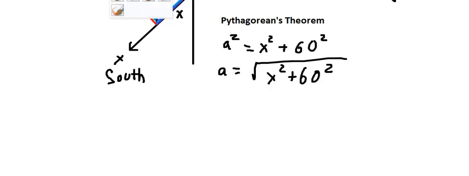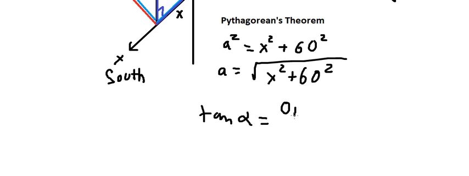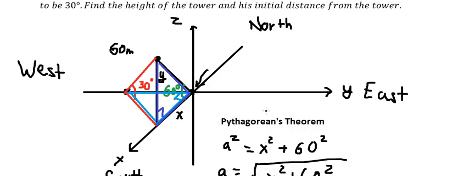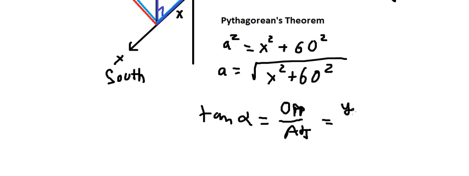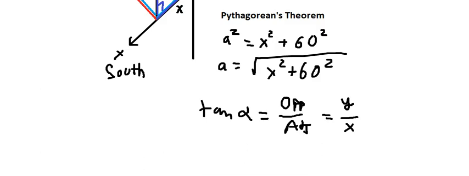So we can use tan alpha, which is opposite divided by adjacent. The opposite is y, the adjacent is x, and the angle is 60 degrees.